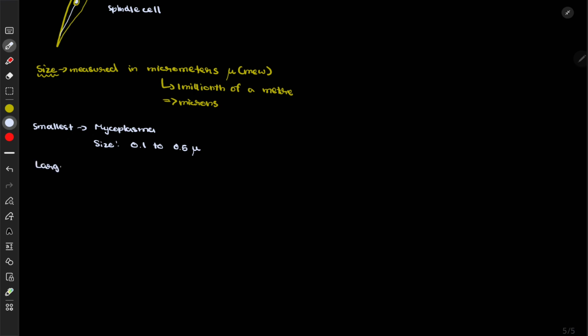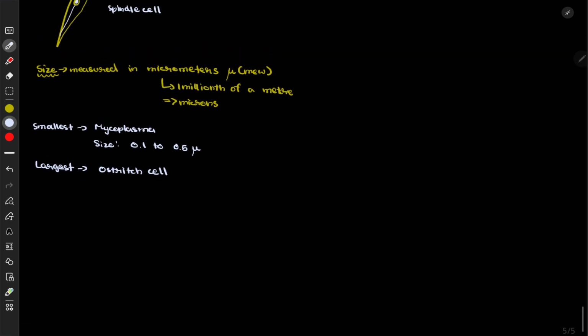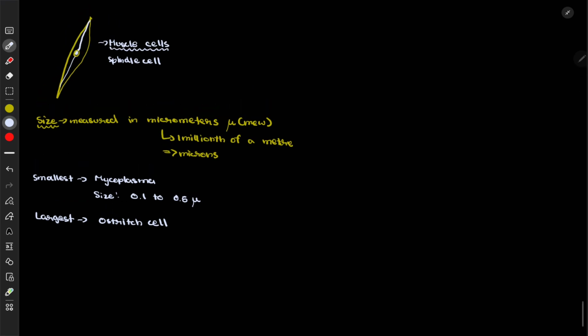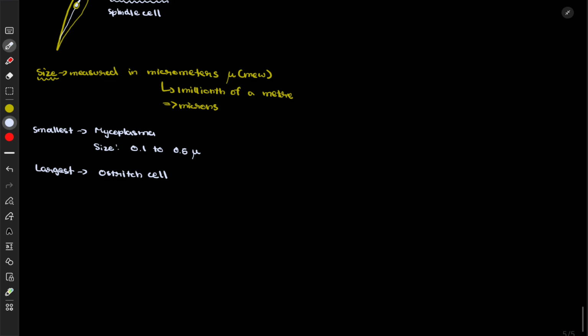The largest is the ostrich egg cell. Its size is about 170 to 130 millimeters. So there we go, we have learned this entire thing.